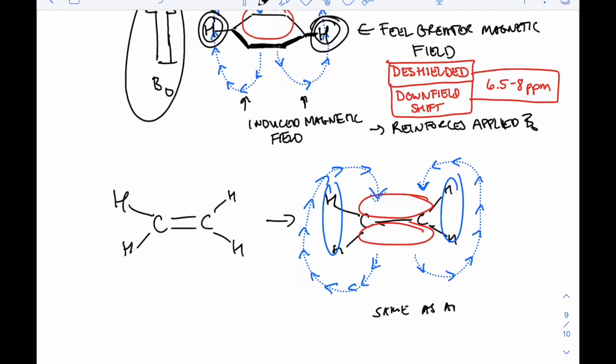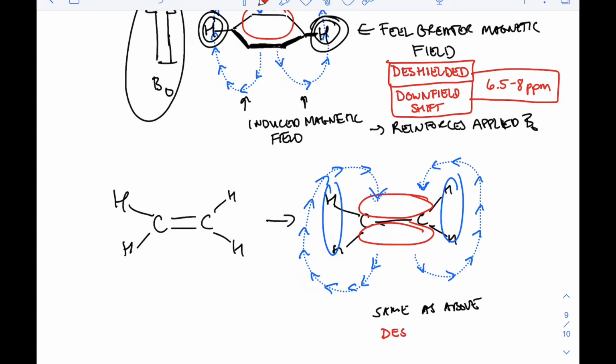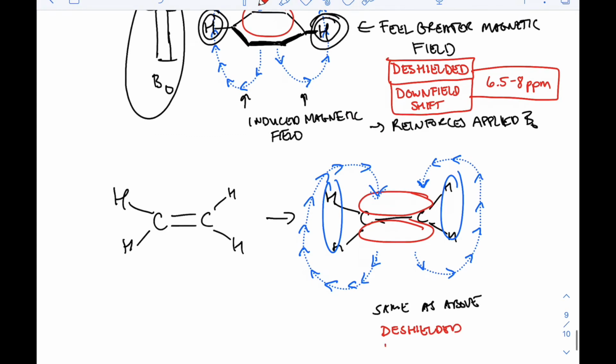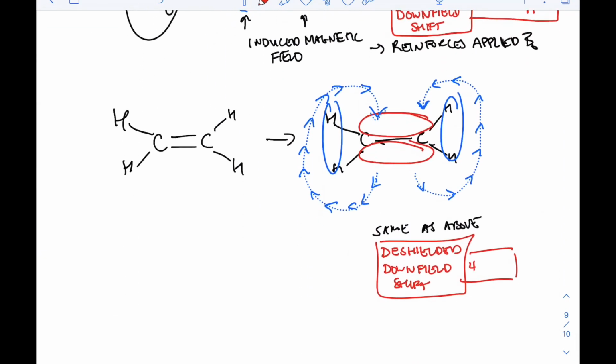Okay, and that's because of the same thing. Same as above, those hydrogens, those protons, feel a greater magnetic field, and so they're de-shielded and result in a downfield shift. Okay, and that's going to be around, just as we stated above, 4.5 to 6 ppm.